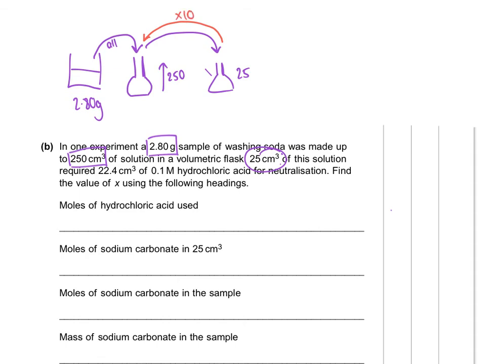And then once we've worked out how many moles are in our volumetric flask, that's how many was in the original sample. So essentially you're timesing by 1. That's the number of moles in the original sample, because all of it was transferred into the volumetric flask. Okay, so the start of the question asks you the moles of hydrochloric acid used. Remember, it's your standard solution in the burette, so that's going to be your titer.